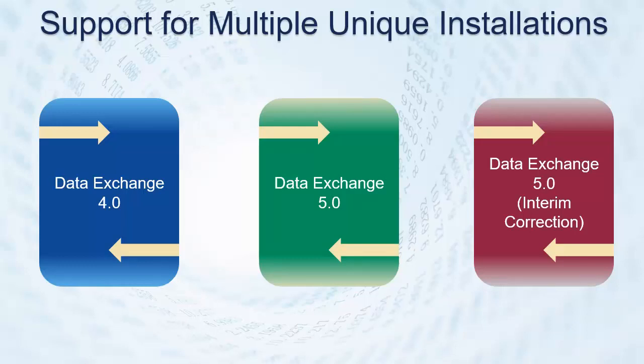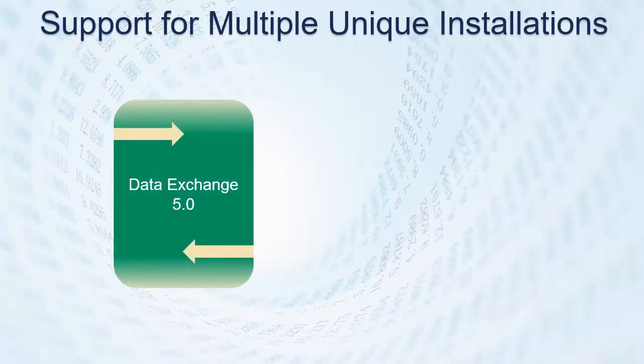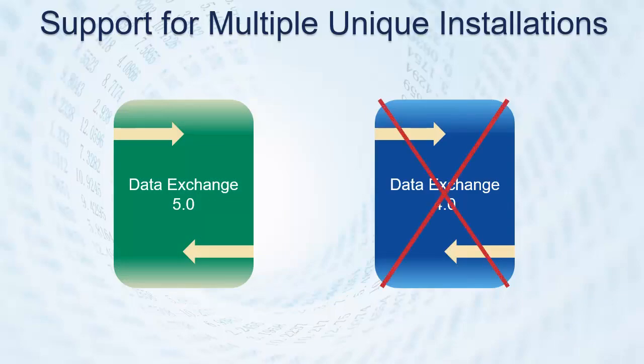Please note that you cannot install the same version of Data Exchange 5.0 more than once on the same machine or partition. If you already have Data Exchange 5.0 installed, then you cannot install Data Exchange 4.0 on the same machine or partition, as Data Exchange 4.0 does not support multiple version installation.